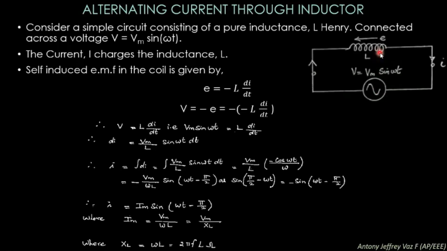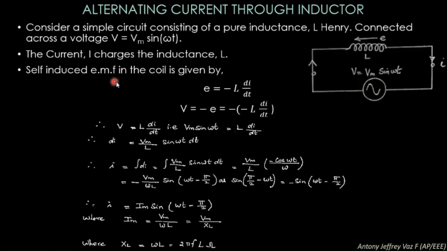Here this circuit consists of only inductance. No capacitance or resistance is present, and this is the voltage source, V is equal to Vm sin omega t, connected in series with the inductor, and the current I is flowing in the inductor.